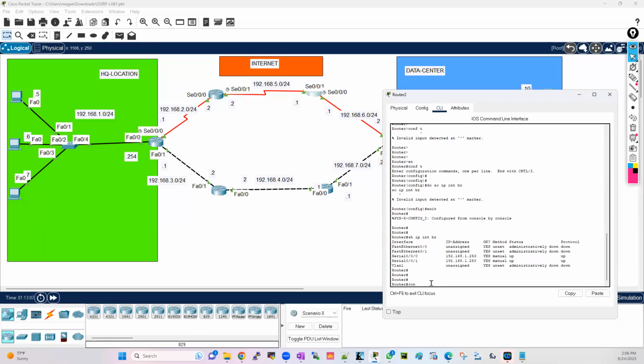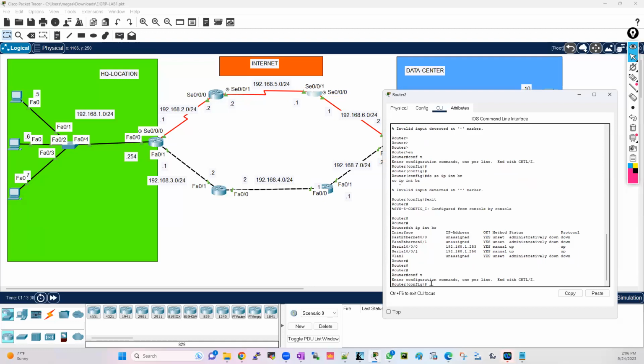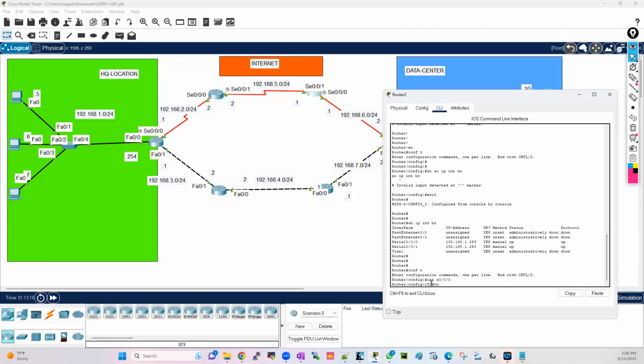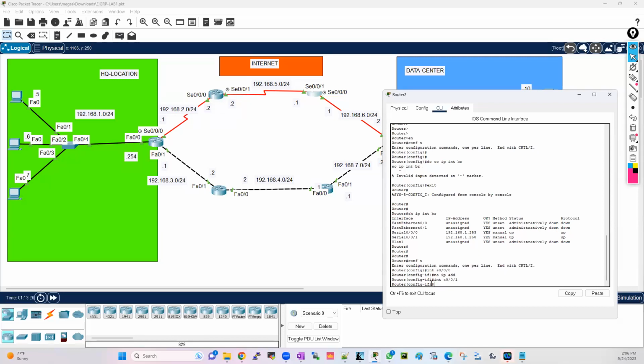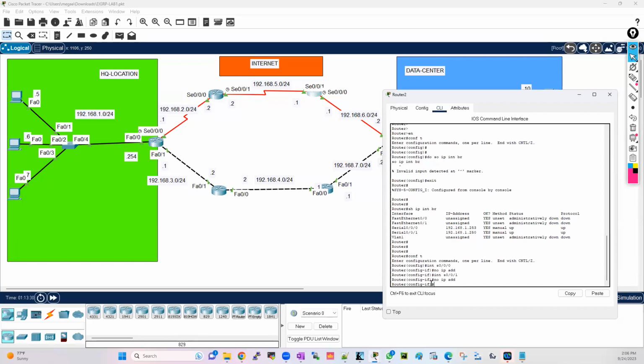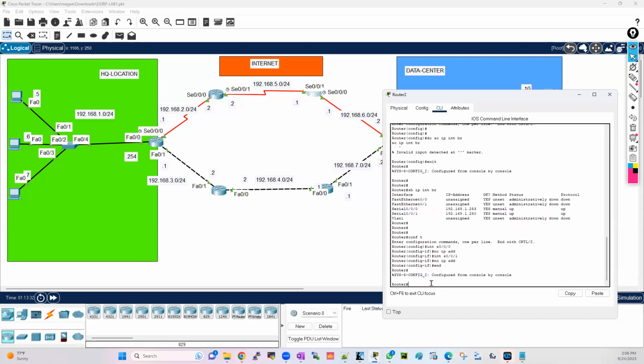So let's remove them. Interface S0/0/0, no IP address. The other one 0/0/1, no IP address. And exit.